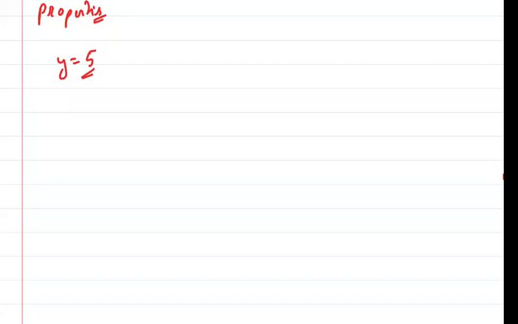Yes, yes, we'll revise everything. Can you hear me? ठीक है, तो यहाँ पे देखो 5 is a constant. Okay, 5 is a constant, right? Means 5 will not change, है ना? So if 5 is not changing, will there be any change in y? Tell me, will there be any change in y?